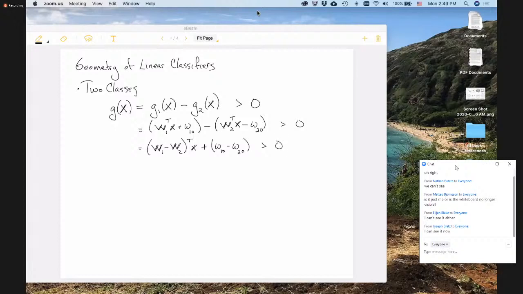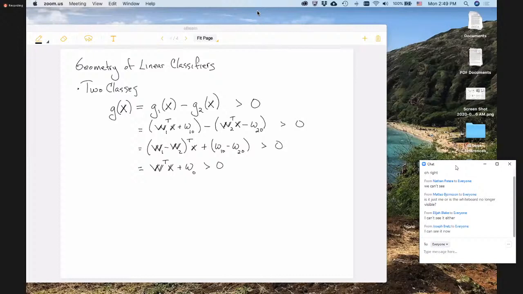All I did was rearrange the terms. Since W1 and W2 are vectors, I can simply add them together. And then I also have the scalars for those two extra weights, which basically reduces to a new linear function.